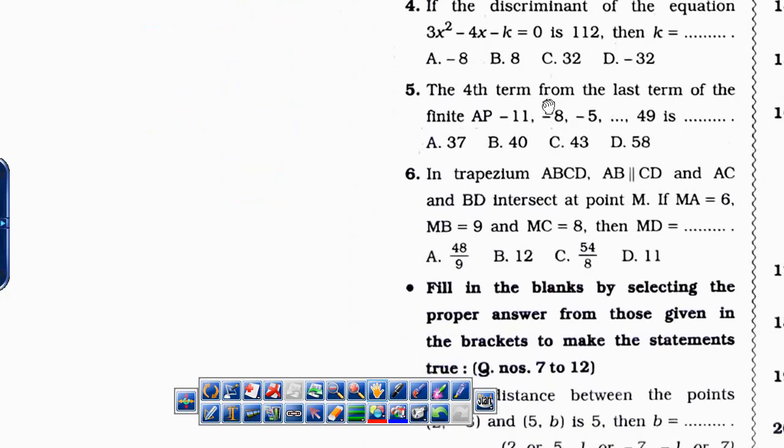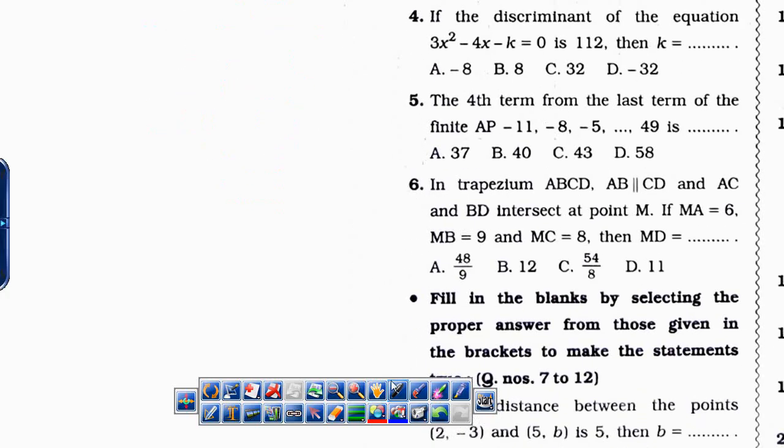If the discriminant of the equation is 112, that means b square minus 4ac is 112.